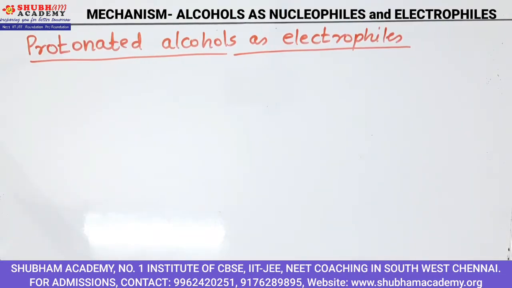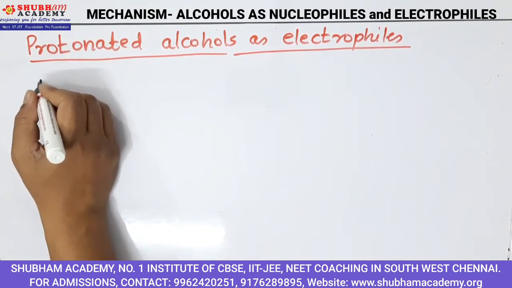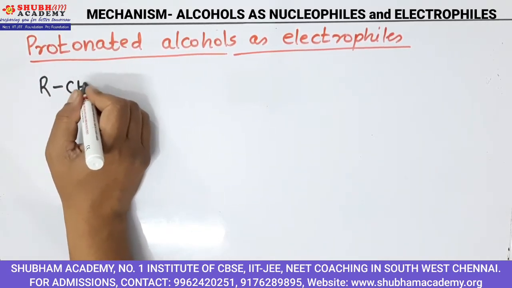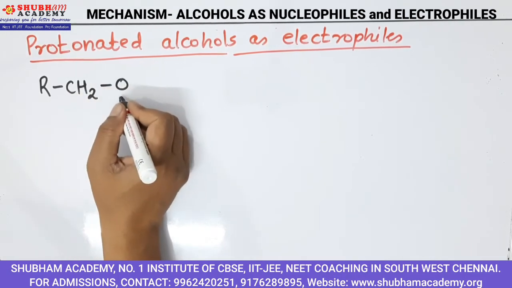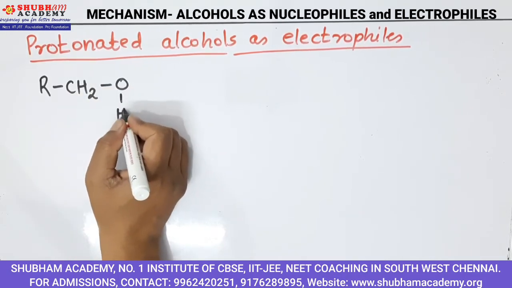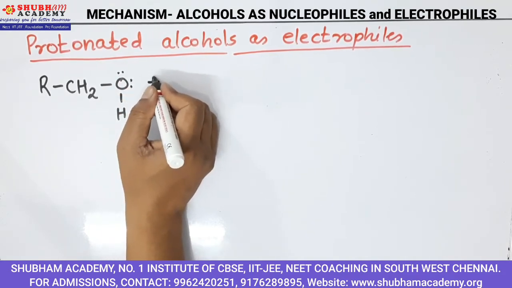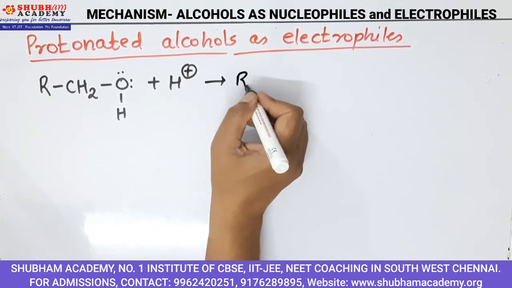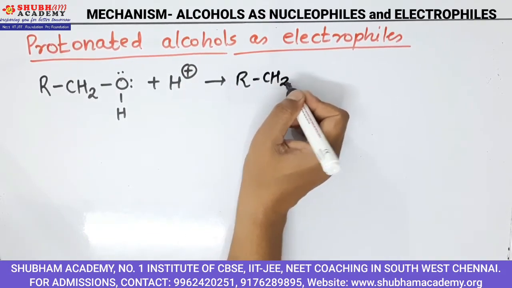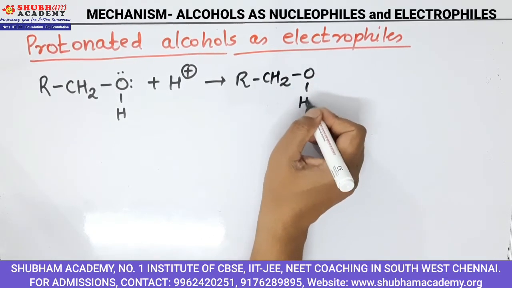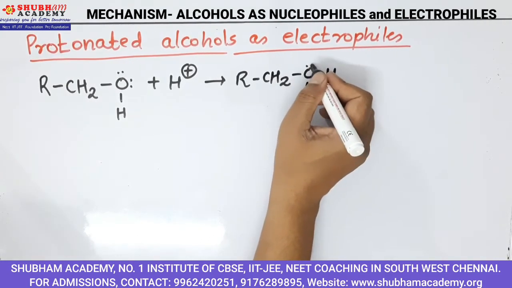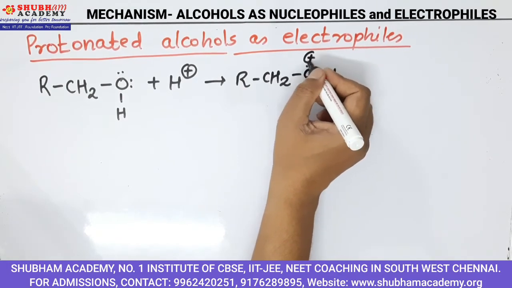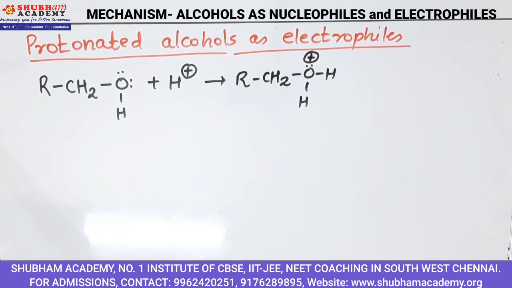Okay, so protonated alcohols as an electrophile, right? So we have a molecule of alcohol, RCH2OH, right? It combines with a proton, so what we get? RCH2OH with a positive charge over oxygen, right?